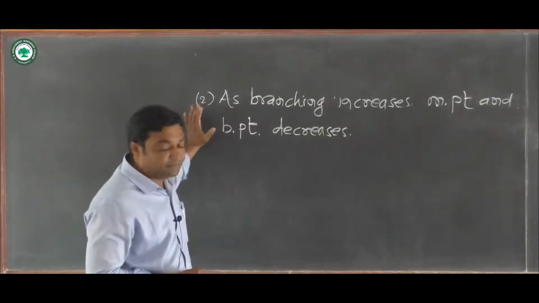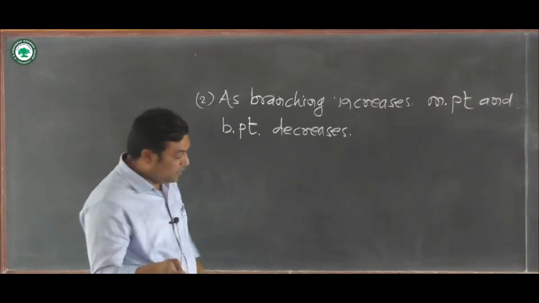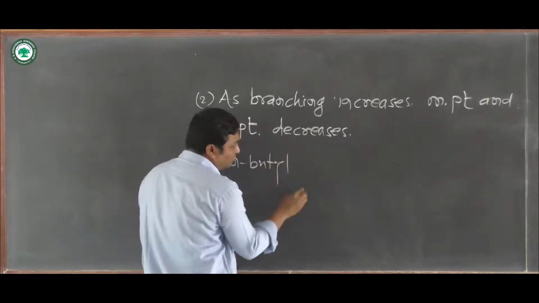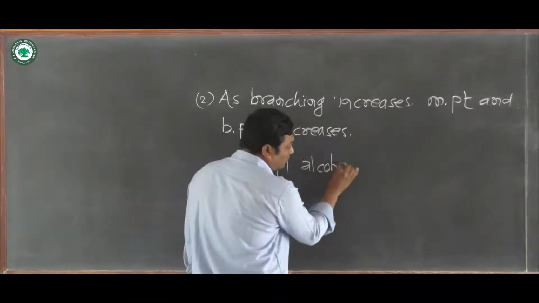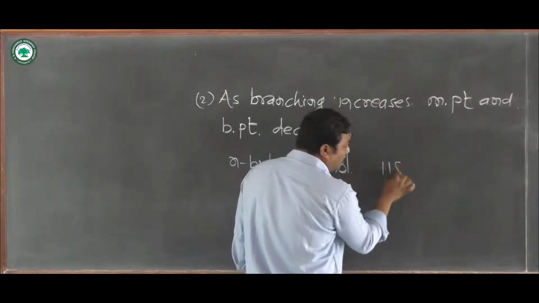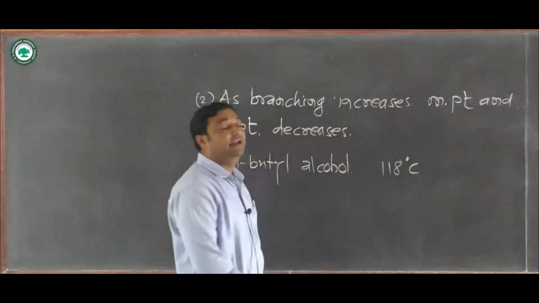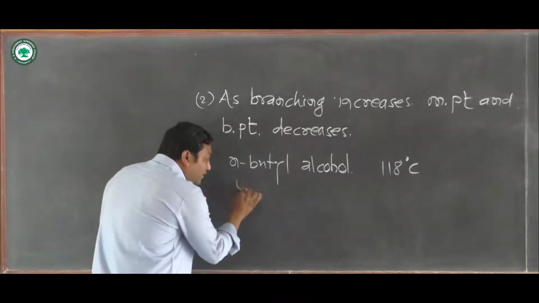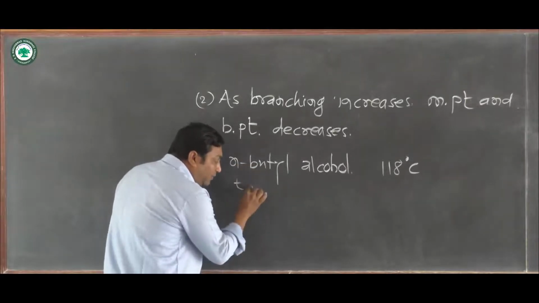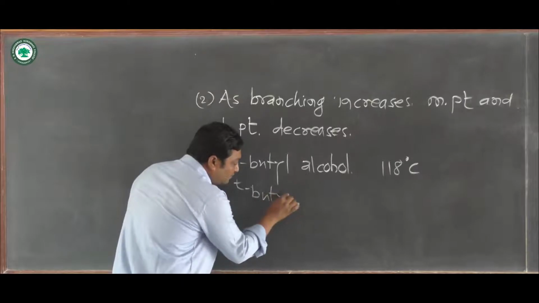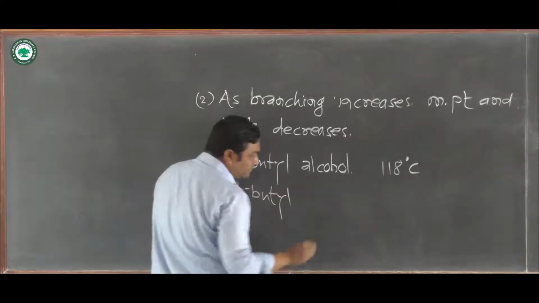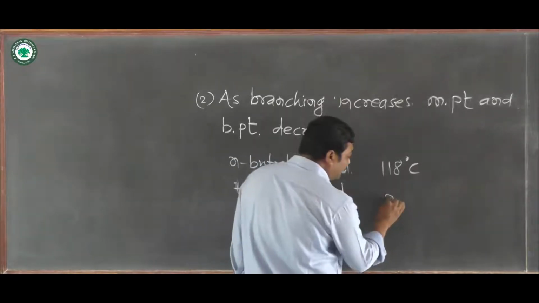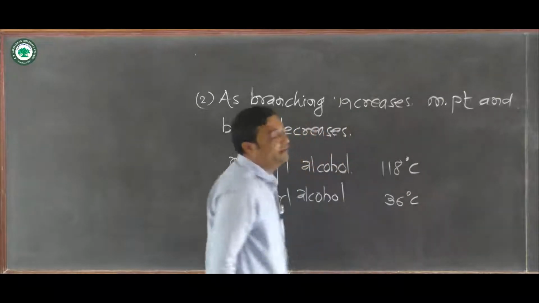For example, the melting point of n-butyl alcohol is 118 degrees Celsius. Whereas when we determine the melting point of tertiary butyl alcohol, it arises as 36 degrees Celsius.